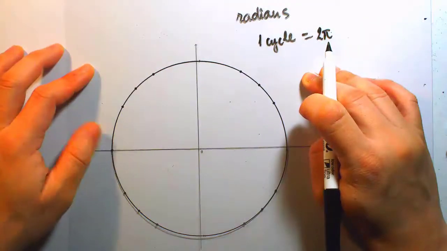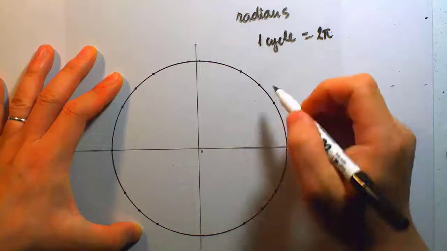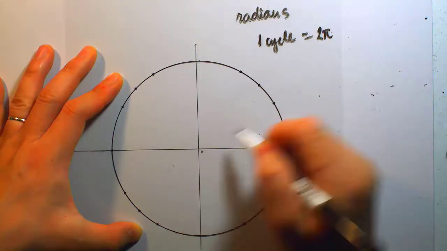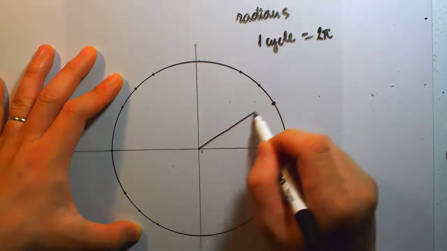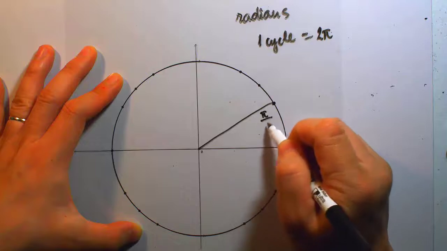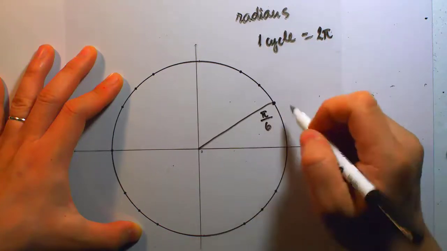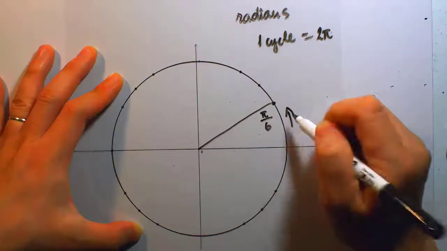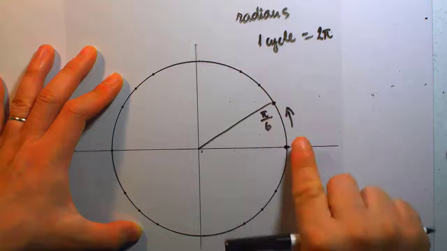So one complete rotation is 2 pi. Let's say originally we're looking at the pi over 6 angle. Currently I'm using the positive angle, meaning the rotation was made in a positive counterclockwise direction.